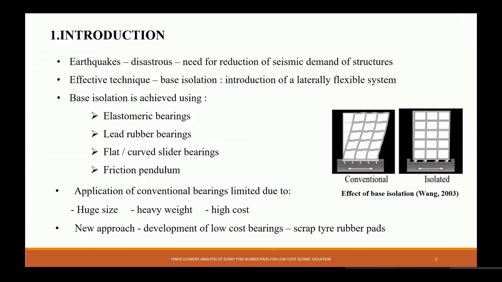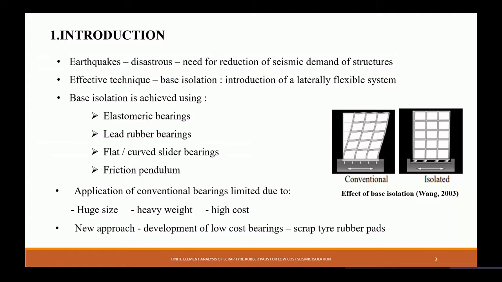Now, the application of conventional bearings is limited due to high cost, heavy weight, and huge sizes. If you think about it, most of the residential houses, especially in the high seismic zones in India, are 1 or 2 story residential houses, which are at great risk from any kind of earthquake.